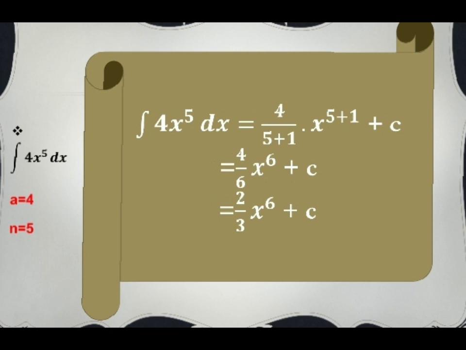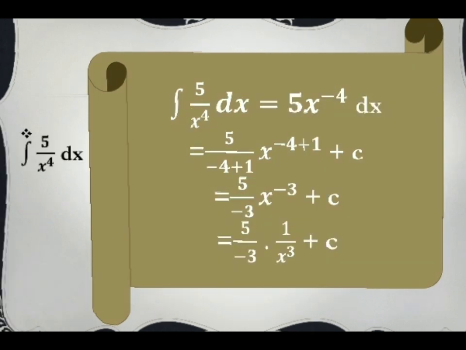To simplify, we have 4 over 6 times x to the power of 6 plus c. Simplifying further, we have 2/3 x raised to the power of 6 plus c. So for the integral of 4x to the power of 5 dx, the final answer is 2/3 x raised to the power of 6 plus c.